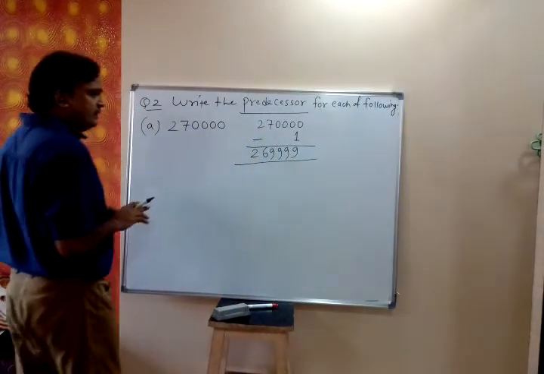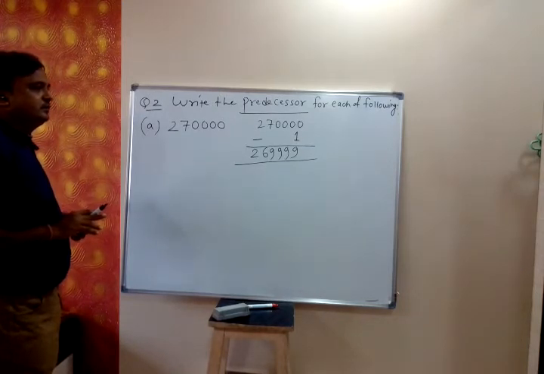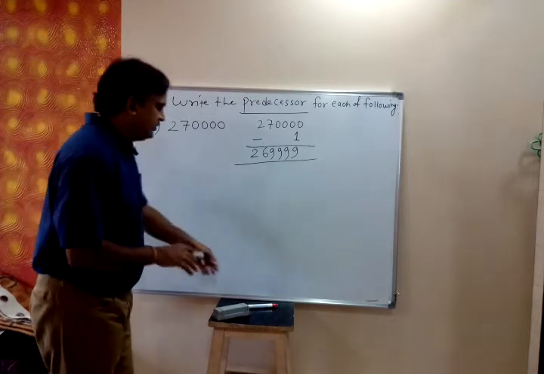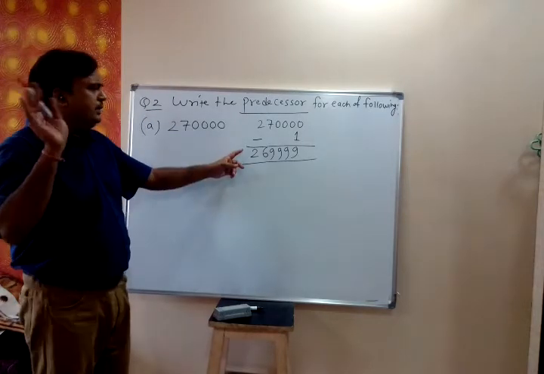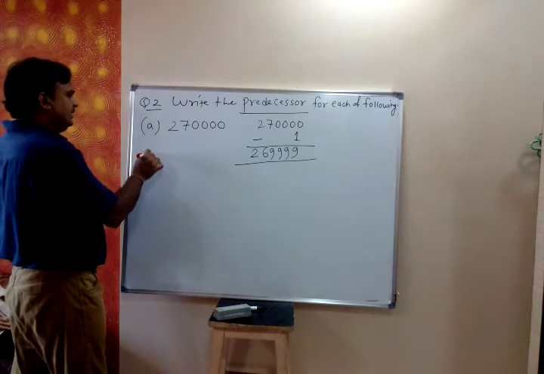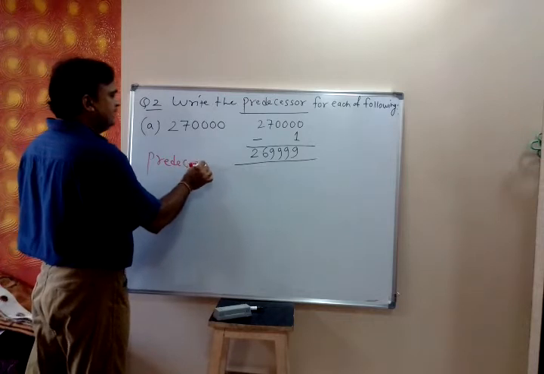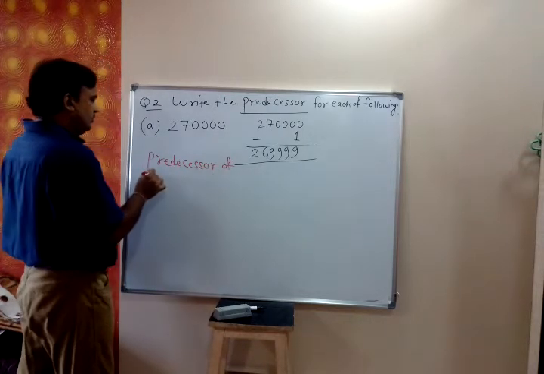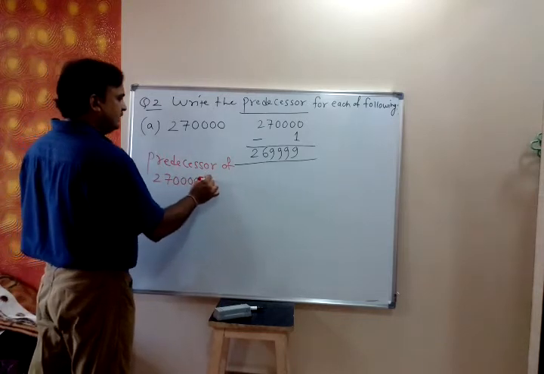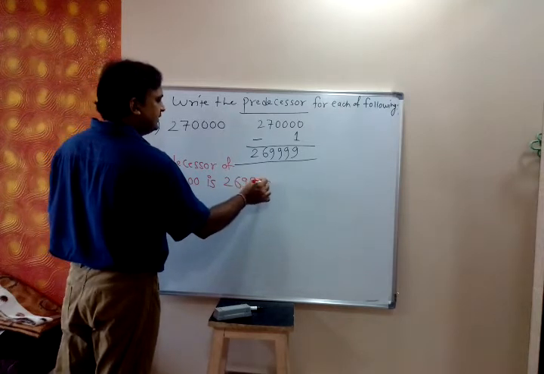So 2,70,000 is given, and the predecessor of 2,70,000 is 2,69,999.